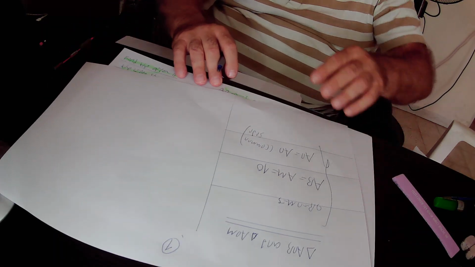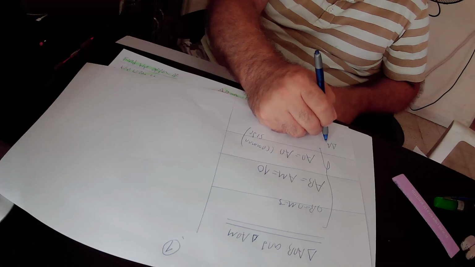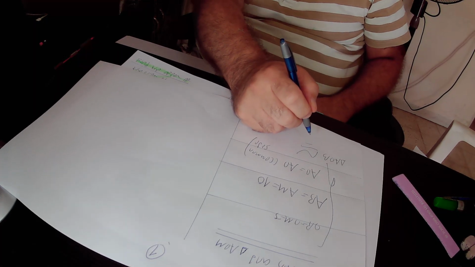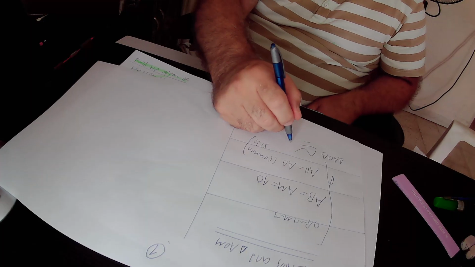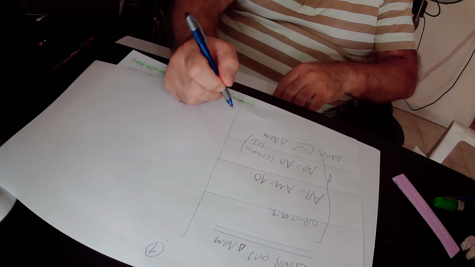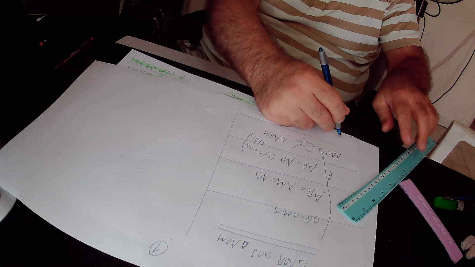Okay, now the right triangle AOB is congruent, this is the sign of congruence, to the right triangle AOM according to the side rule.